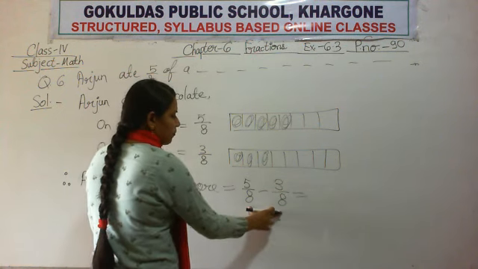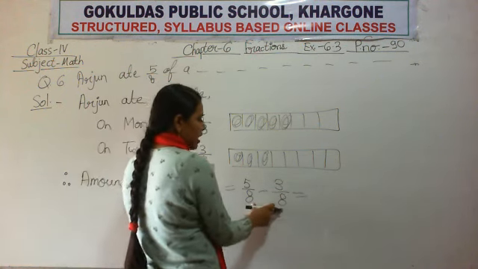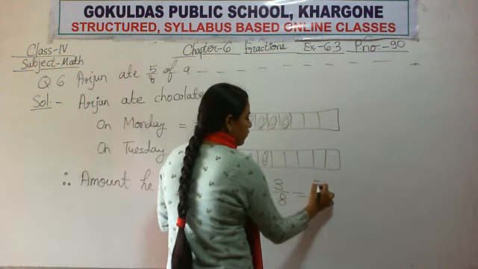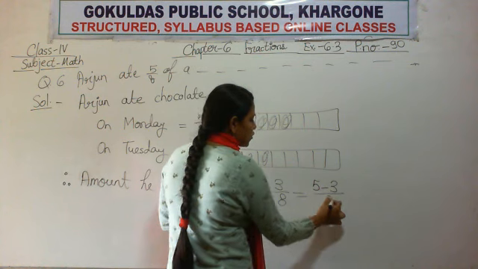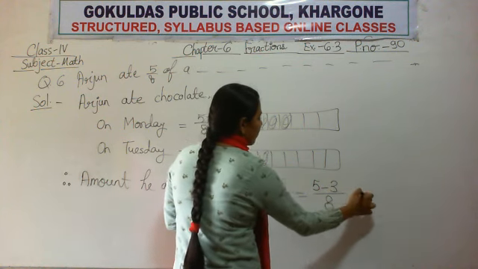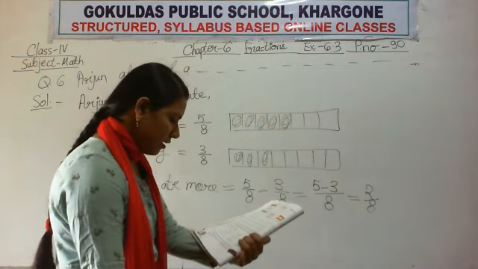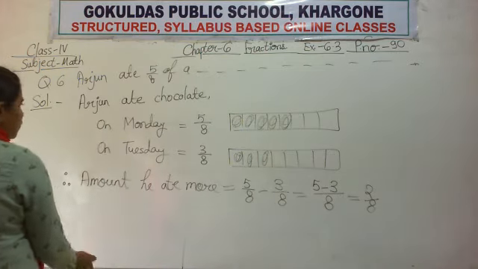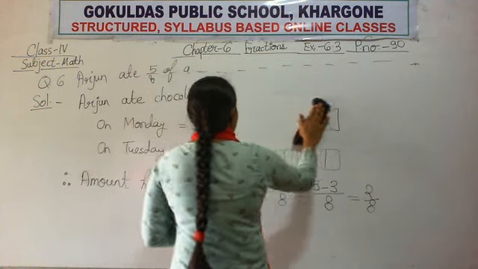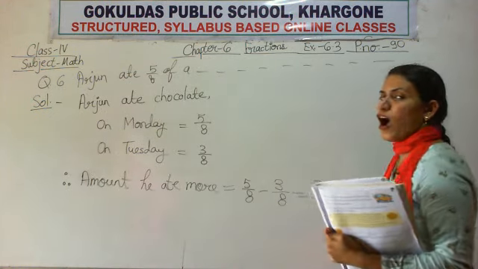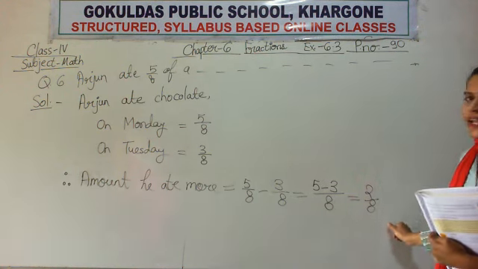Now, subtract both the numbers. Both the numbers are like fractions, means denominators are the same. So, we subtract numerator parts only. Now, 5 minus 3 is 2 upon 8. So, 2 upon 8 part he ate more. So, your final answer will be he ate more on Monday, and by how much? By 2 upon 8.